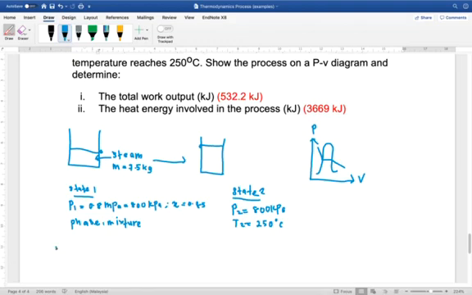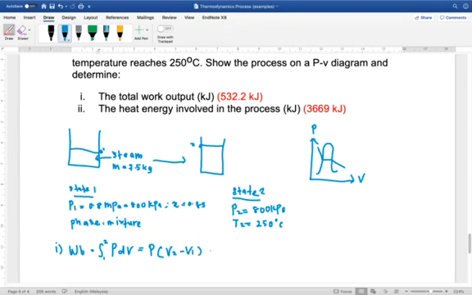Next, I want to find the total work output. How to find total work output? We know from the definition of boundary work, the integration from state 1 to state 2 of P dV. And since this is an isobaric process, it is P times (V2 minus V1).